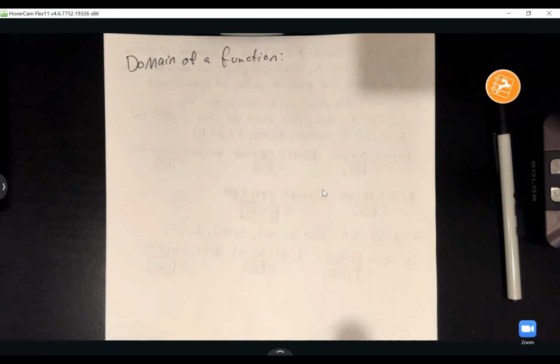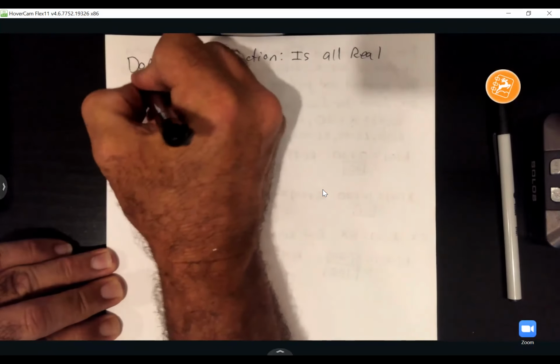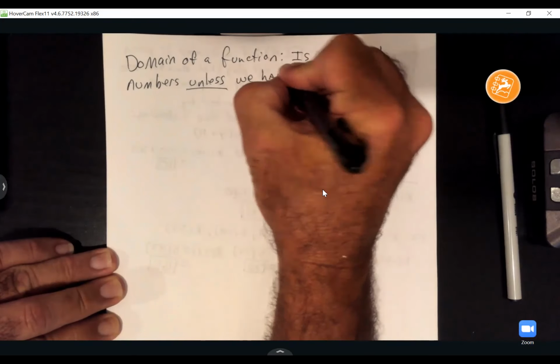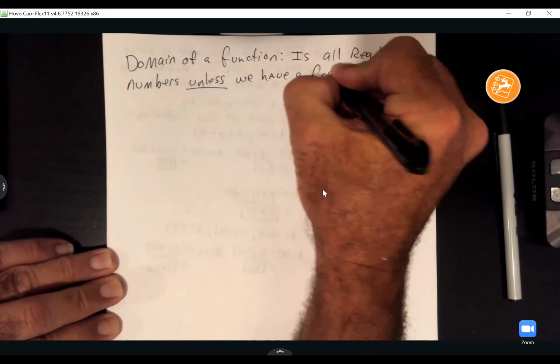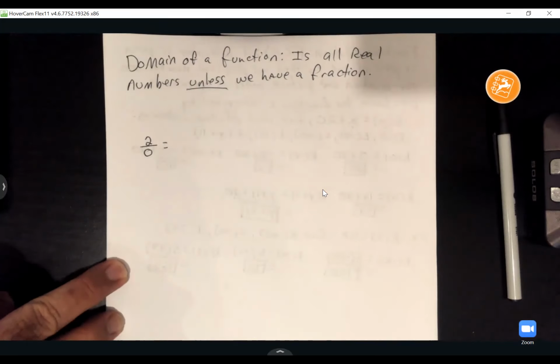So the domain of a function is all real numbers unless, remember, unless we have a fraction. So if I have a fraction, let me ask you all this. If I had, say, 2 divided by 0, what does 2 divided by 0 equal?